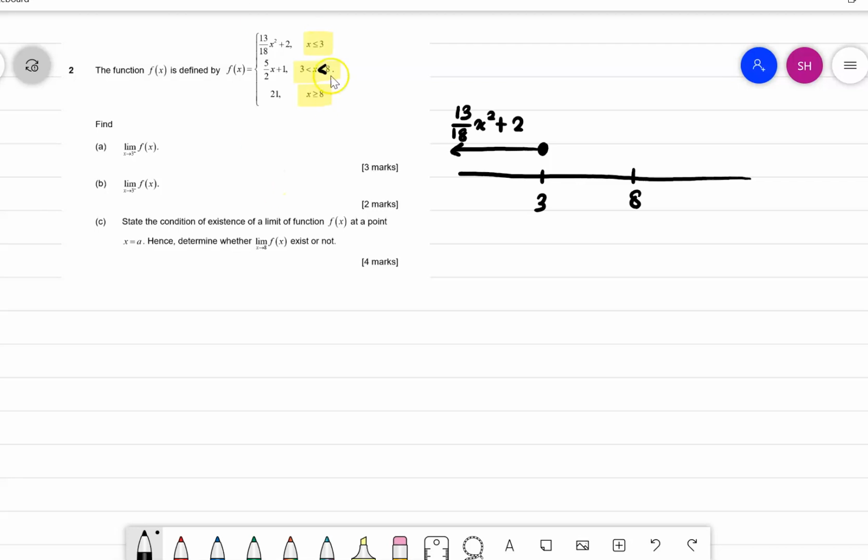For the value of x which is greater than 3 and less than 8, the function is 5 over 2 x plus 1. And lastly, for x greater or equal to 8, the function is 21. Okay, from the piecewise function we represent it in a number line.